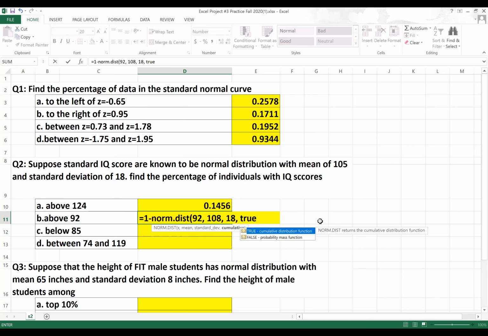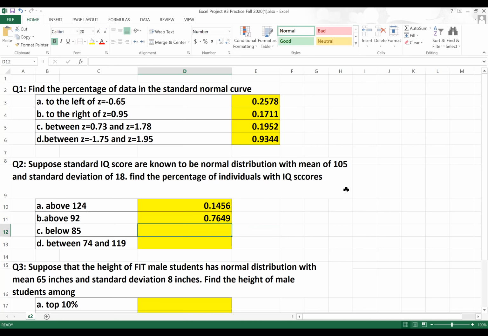We are accumulating everything to the left, true. Where did you get 108? Did you mean to use 105? Oh yeah, it's 105. You're right. Good catch. The mean is 105, not 108. Standard deviation is 18. Very good. So you hit enter, you get a result.